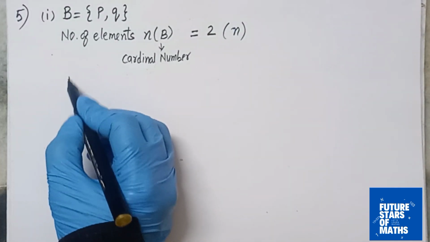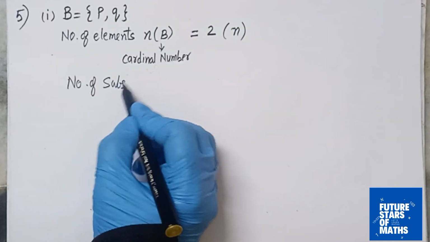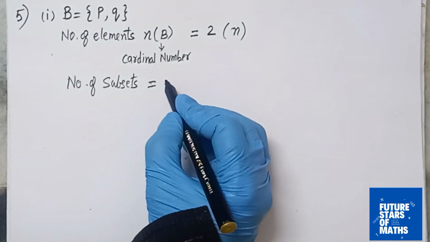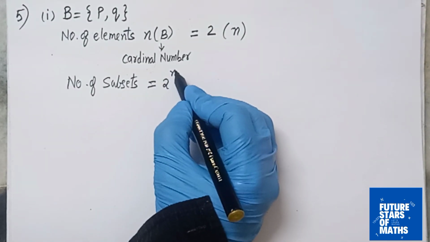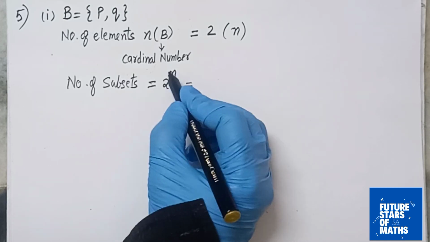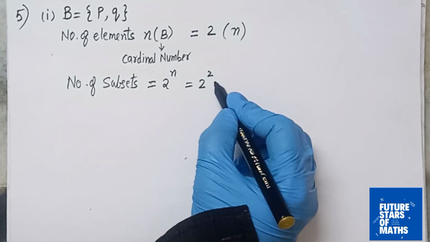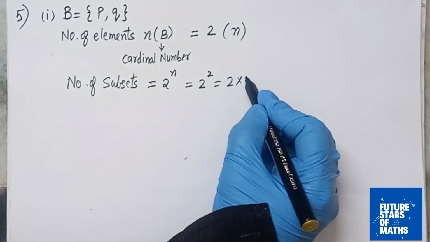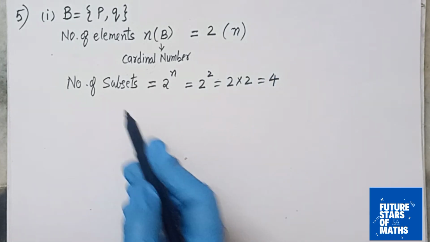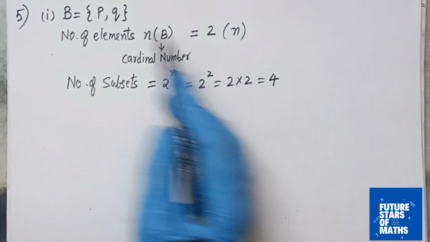Then the number of subsets which we get from B will be equal to 2 power n. That is, we write the number of elements in place of n. So it will be 2 power 2, that is 2 into 2, which is 4. So how many subsets are we going to get from B? 4 subsets.